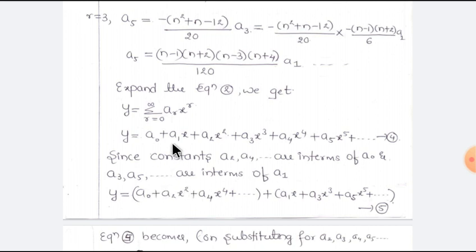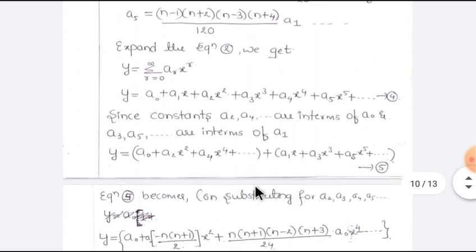So better to write separate terms, one term for the even numbers and another term for the sum of odd terms. So we get y is equal to a naught plus a2 into x square plus a4 into x to the power 4 plus and so on, plus a1 into x plus a3 into x cube plus a5 into x to the power 5 plus and so on. Call it equation 5.